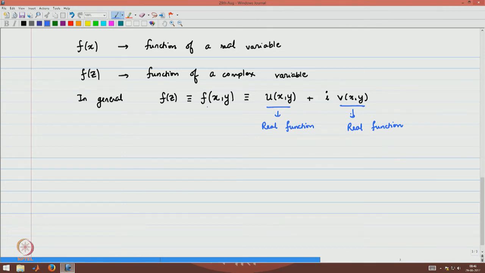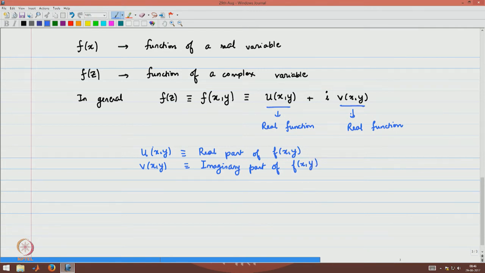So I can write the function as having a real and an imaginary part. So u is the real part of f of x y and v of x y is the imaginary part of f of x y.